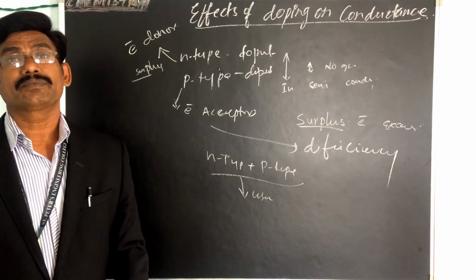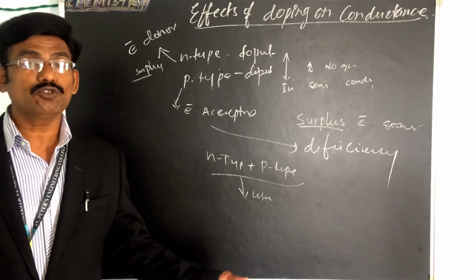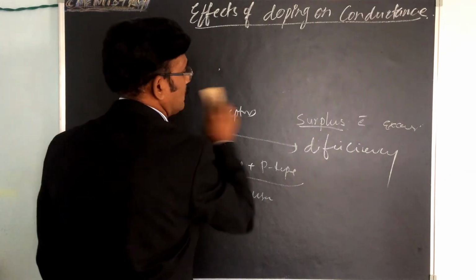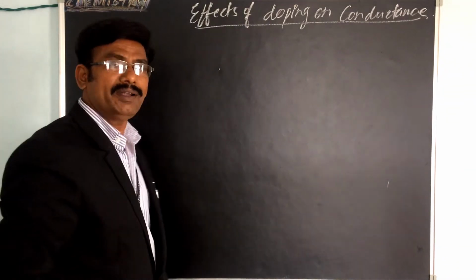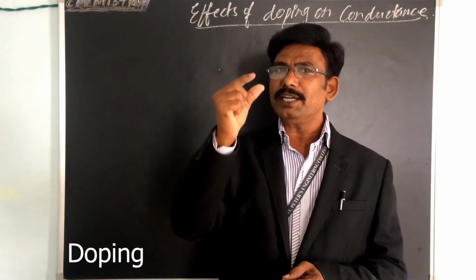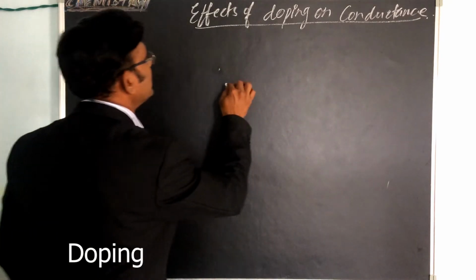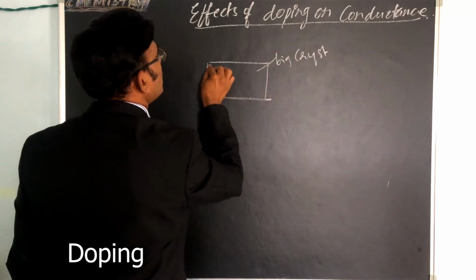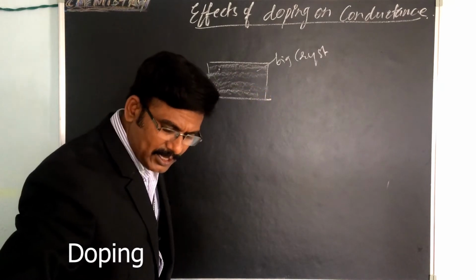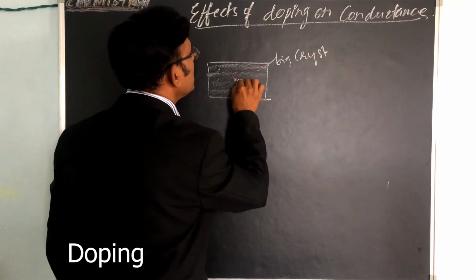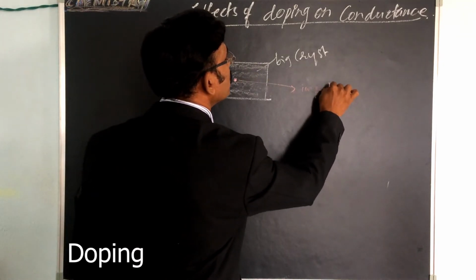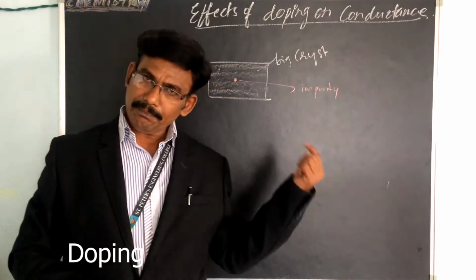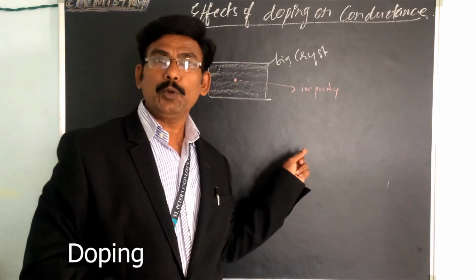So what is doping? Doping is the addition of a small quantity of an element, an impurity, to a pure semiconductor.